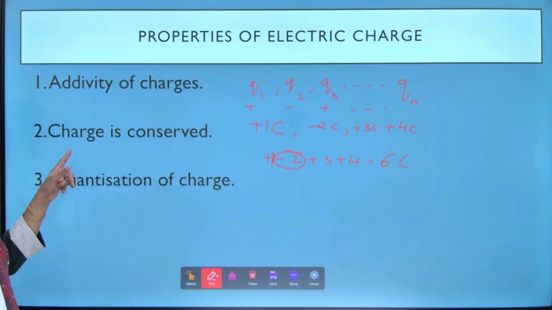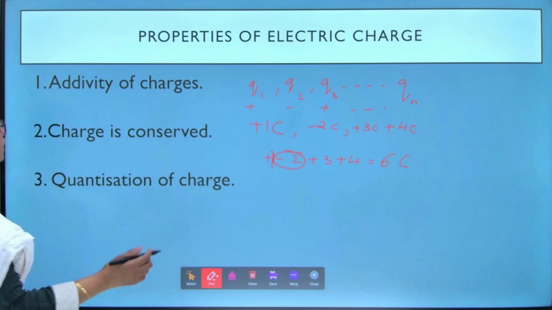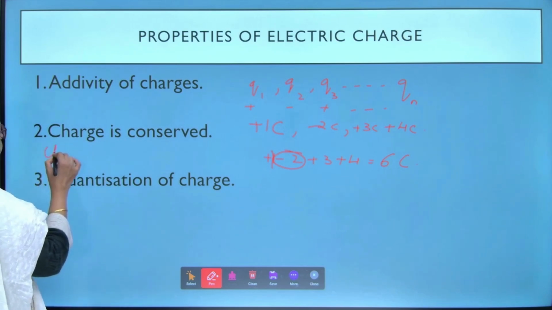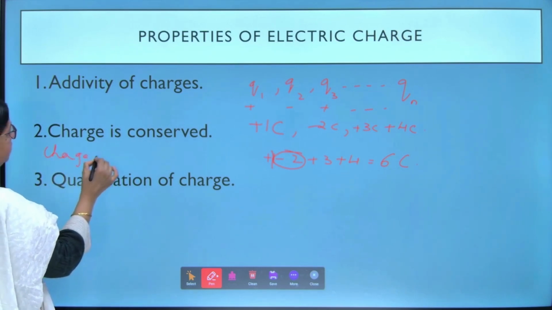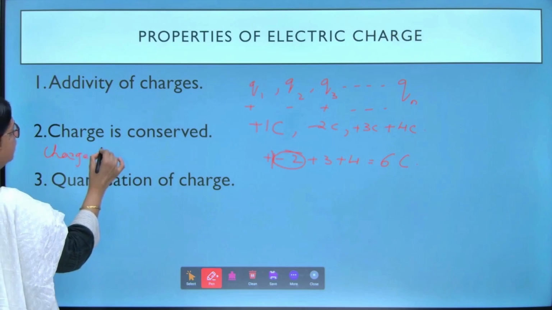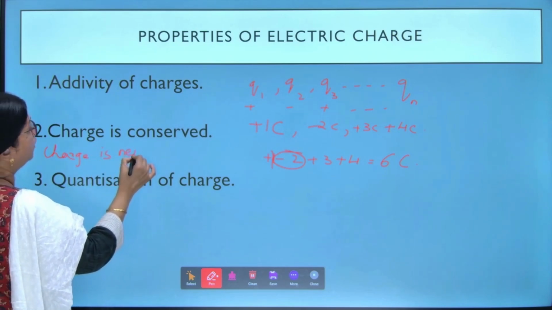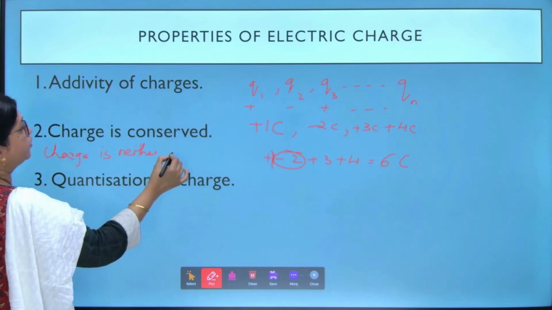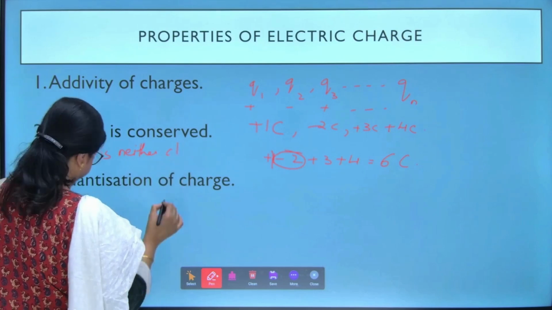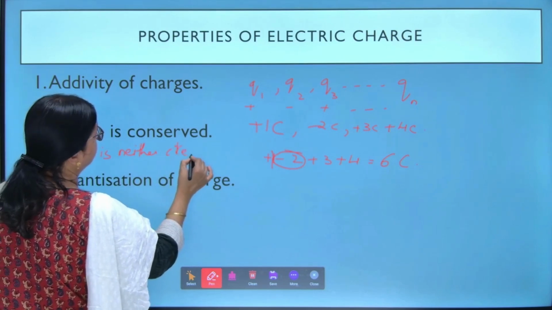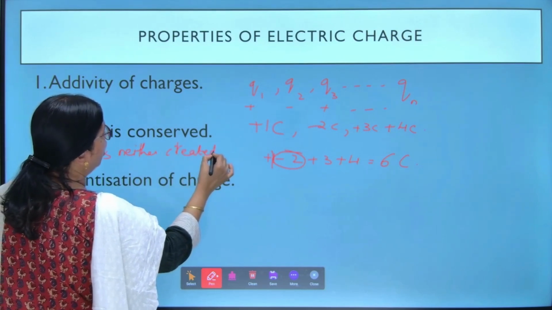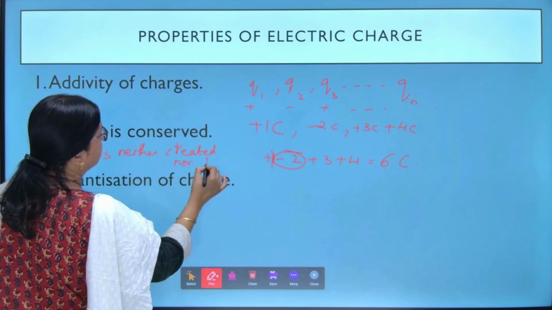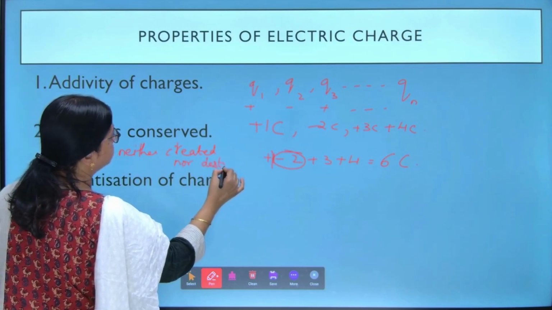Coming to the next property of electric charge, charge is conserved. As I already mentioned, charge is neither created nor destroyed.